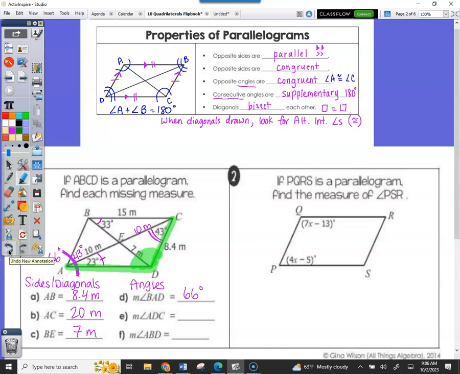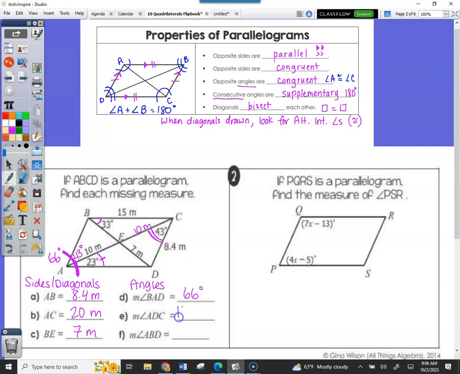What's another angle property? Consecutive angles are supplementary. That means angles on the same edge of the shape. Notice that this angle over here we said is what? The whole corner, right? So if that's 66 and this is on the same edge of the shape, do I have enough info to find it? Yes. It would be what? Yes.